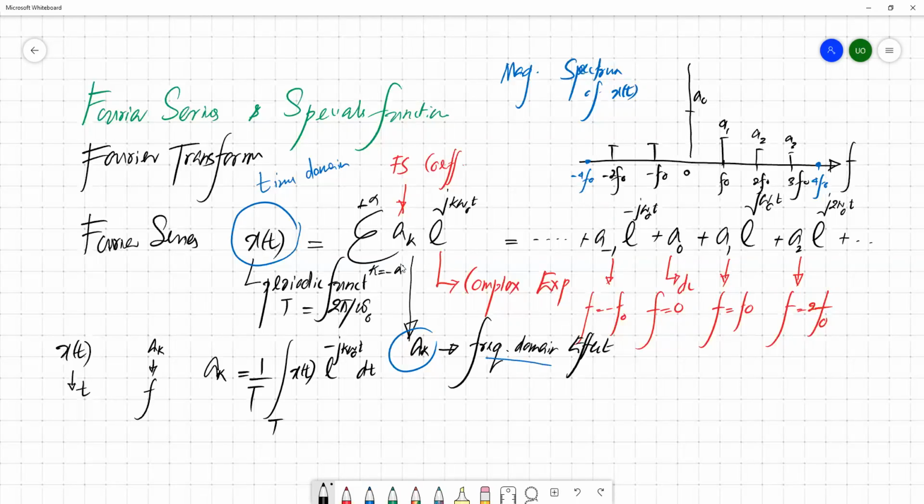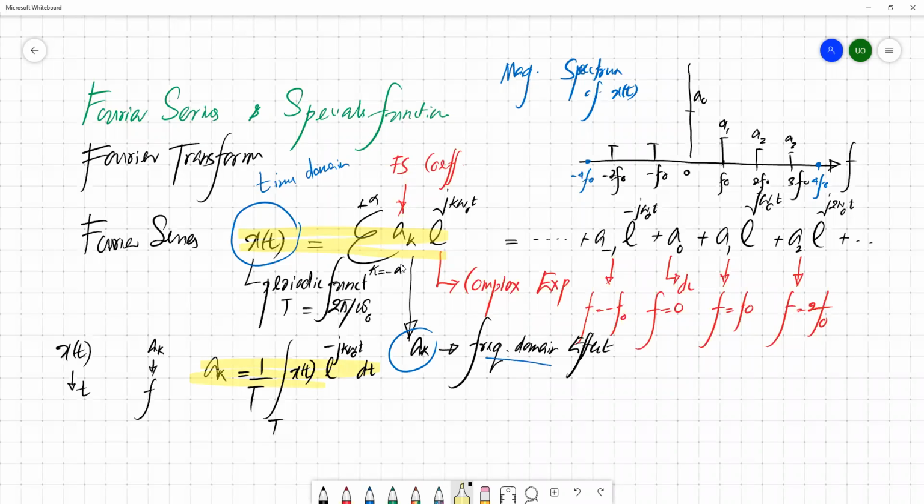So if x(t) is mathematically defined, whether it's sine omega t or cos omega t or t squared plus 2t, you can easily evaluate this integral and find out the individual Fourier series coefficients. So these are the two equations we basically focused on during the last module.